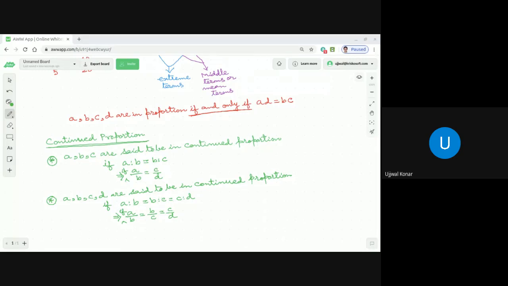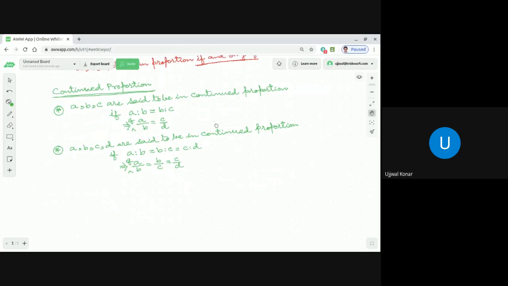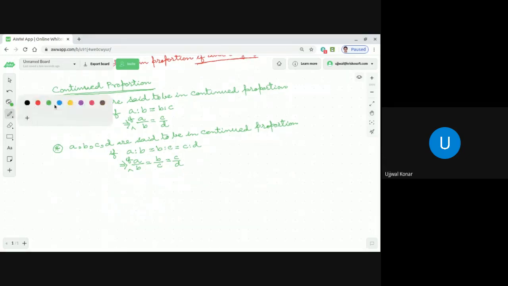For example, let's take an example, the way we take examples from the previous one, because things get much simpler and understandable. Suppose we take three quantities 4, 6, and 9. They are in continued proportion. How come? Because 4 by 6 is equal to 6 by 9. Clear?